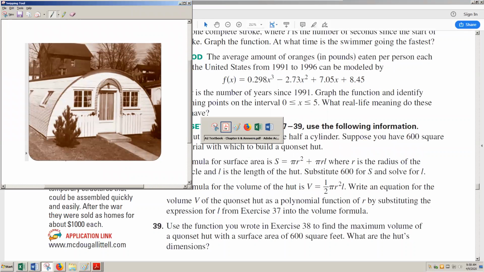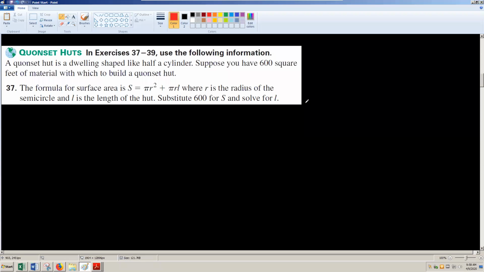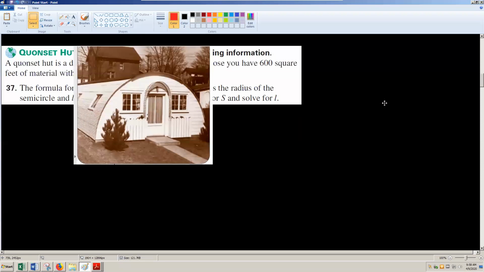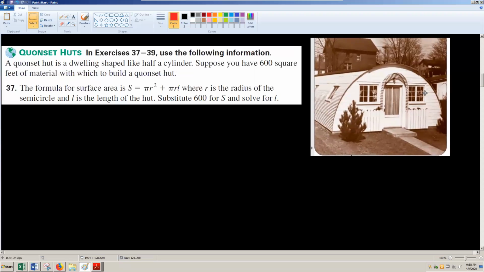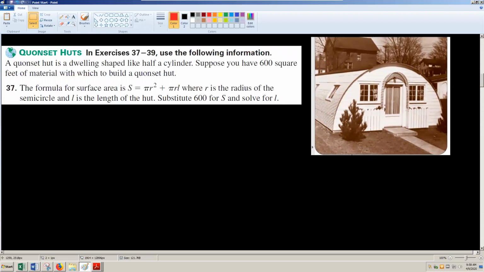So basically we're looking at these super efficient homes after the war, just trying to create space for cheap. And we're given a model, which is that the surface area is equal to pi r squared plus pi rl. If we think of the surface area for a cylinder, this is what it's coming from.